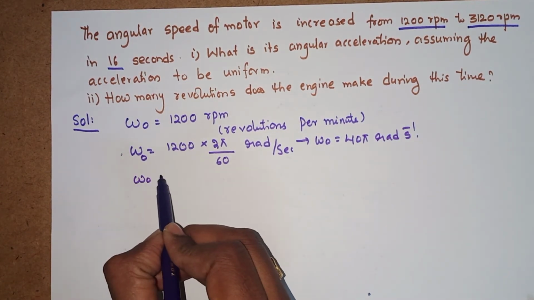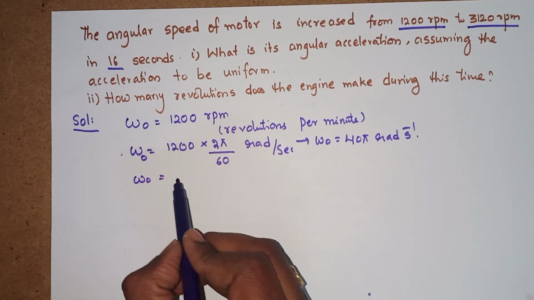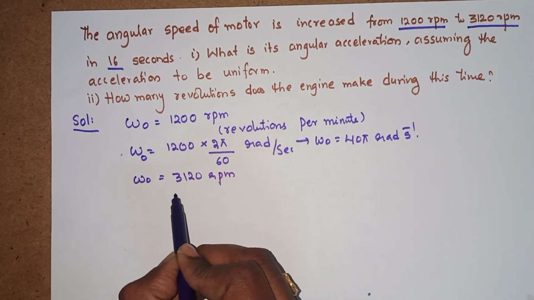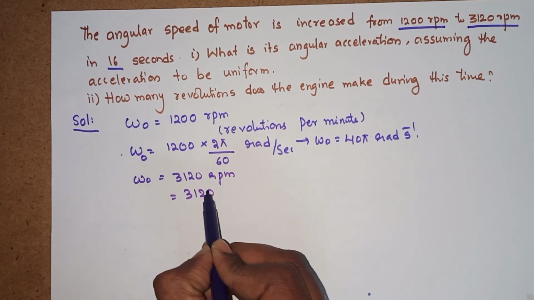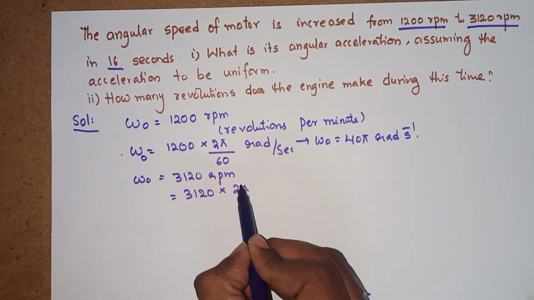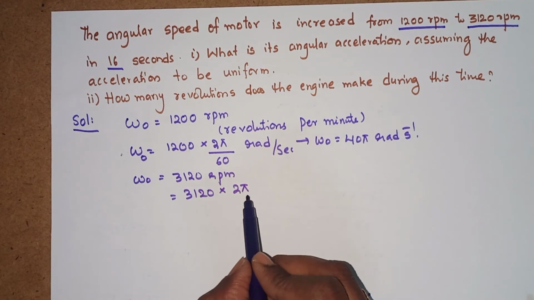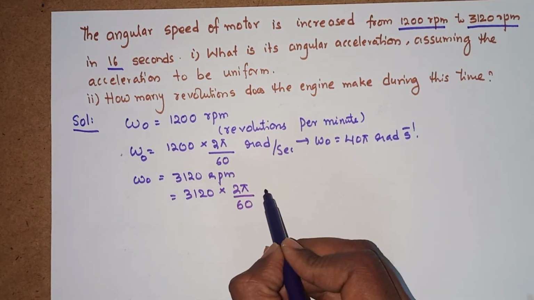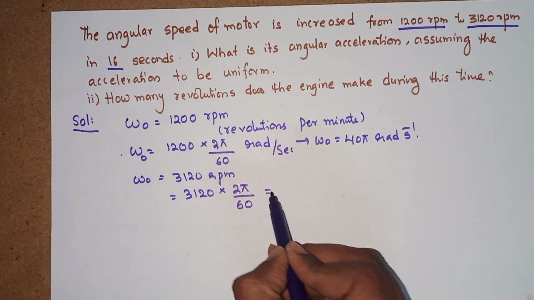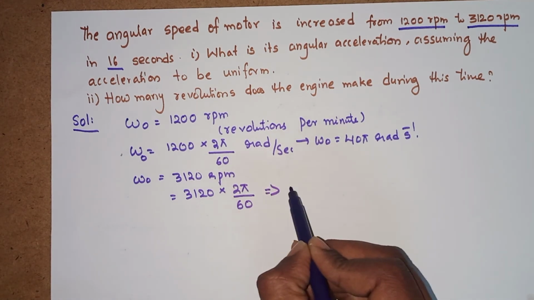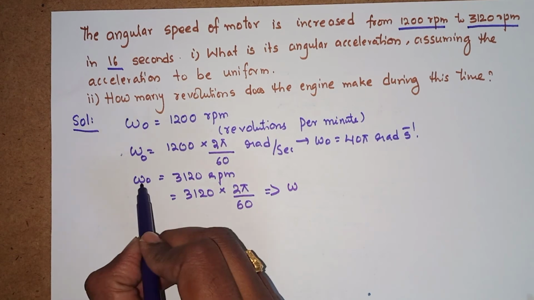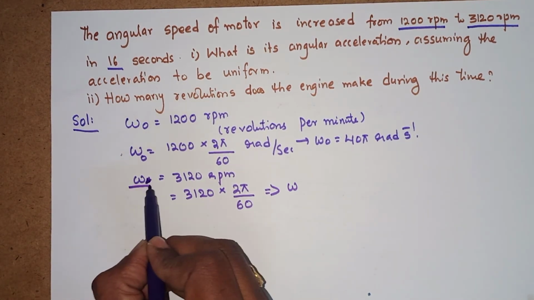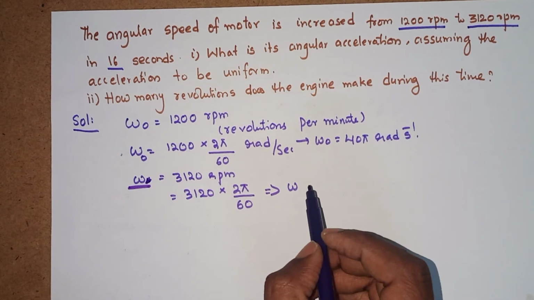Similarly, omega is equal to 3120 rpm, which is 3120 revolutions per minute. One revolution is equal to 2 pi radians, and per minute means 60 seconds. Now you can convert this. This is omega, not omega naught.